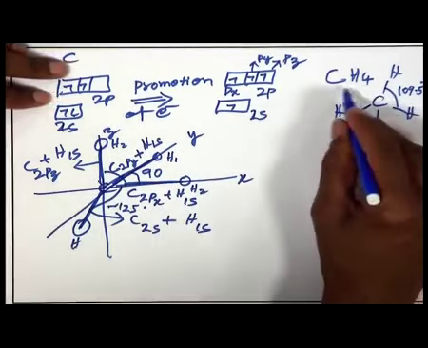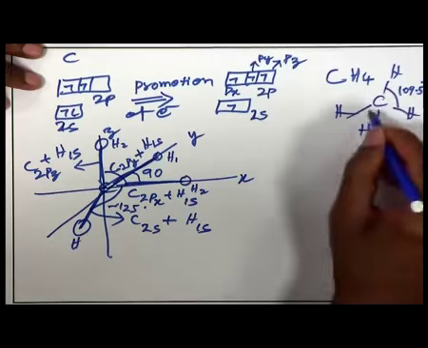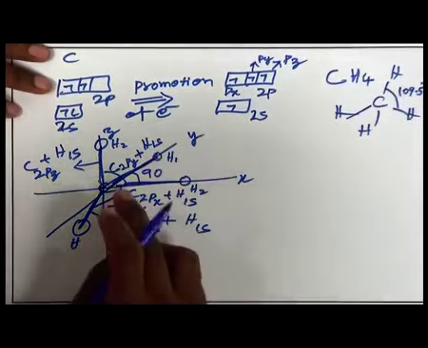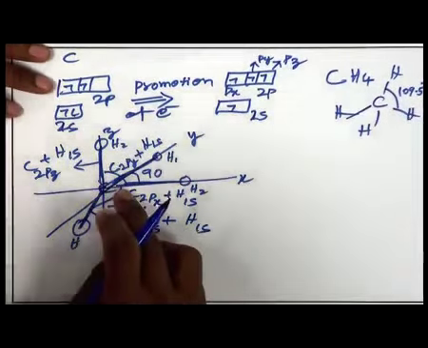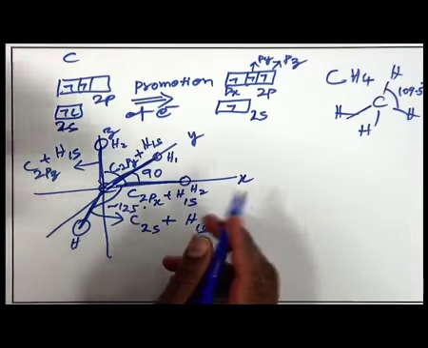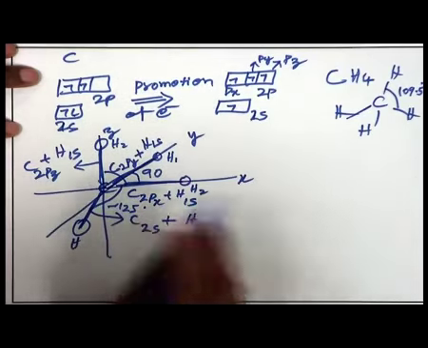In reality, in the methane molecule the angle is 109.5 degrees everywhere; any angle you take will be the same value. But if you go this way of bond formation, you would end up with a molecule having certain angles of 90 degrees and certain angles of 120 degrees, which is not the case.